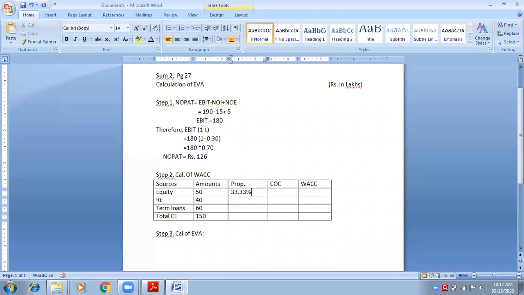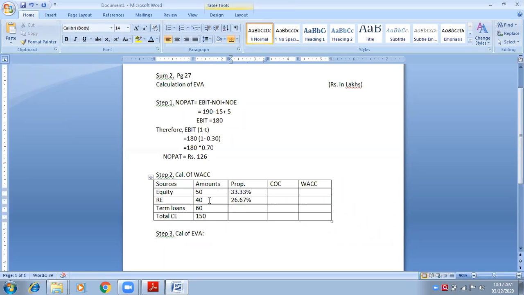If I'm calculating for 40, then 40 divided by 150 into 100, which is 26.67 percentage. Very good. Now 60 divided by 150 into 100.